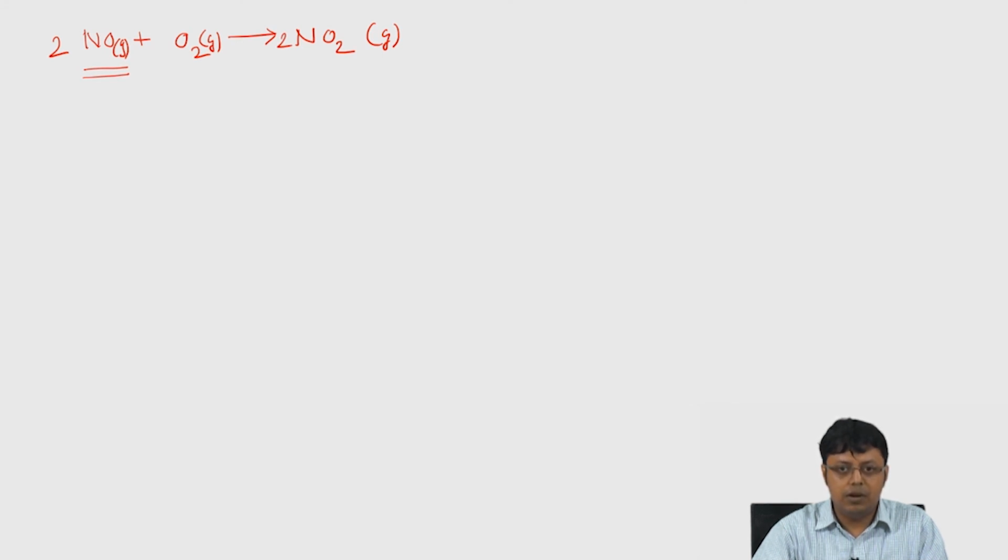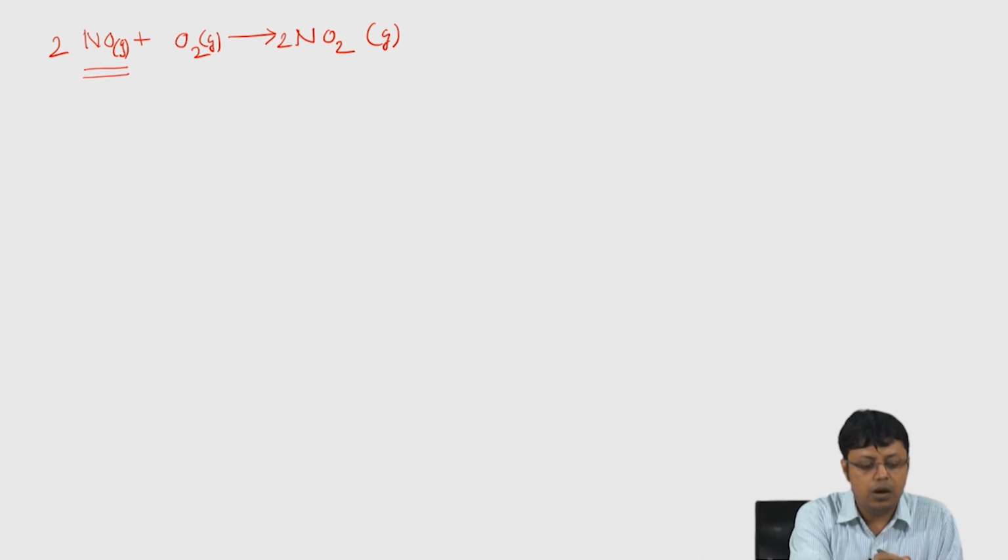So, there is an inconsistency in the description. In order to avoid that, we want a quantity which will take care of all these stoichiometric things inherently, and we already discussed what this quantity is. This quantity is known as the advancement of the reaction, or the extent of the reaction. Now, we can write down the equation.